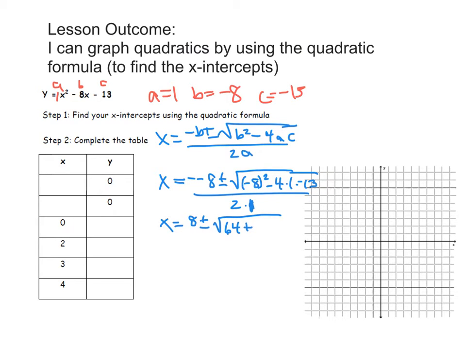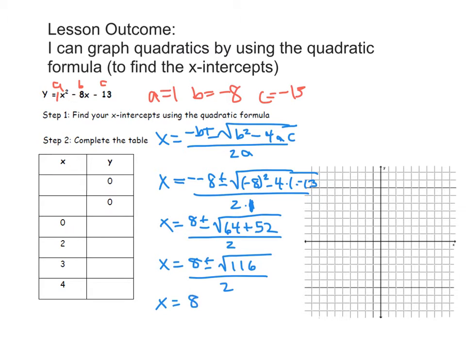And 4 times 1 is 4, times 13 is 52, all divided by 2 times 1, which is 2. x equals 8 plus or minus the square root of 116, all divided by 2.